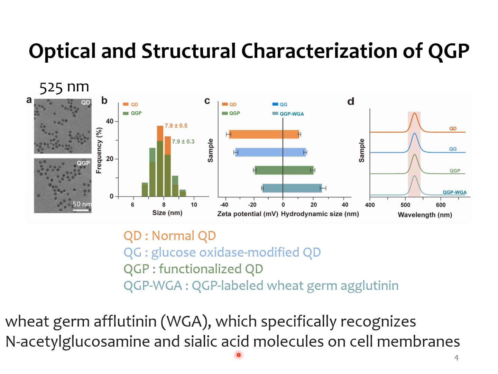The figures here use quantum dot 525 as an example. Figure A shows the TEM image for the normal quantum dot and the functionalized quantum dot. Figure B presents the size distribution. The QGP particles are slightly larger.